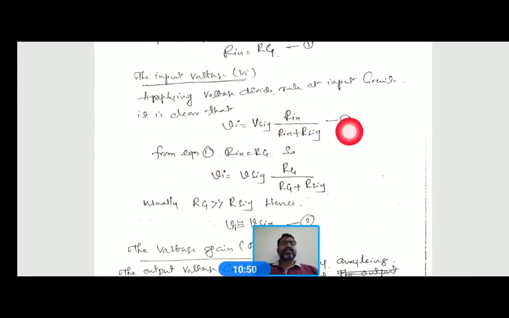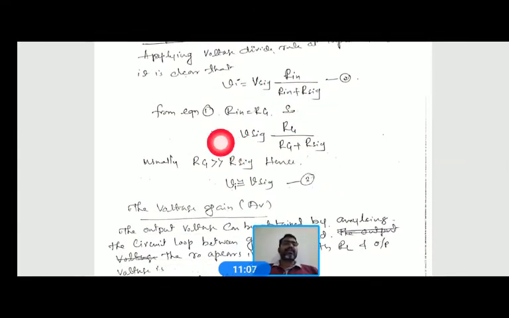You can see equation 2. From equation 1, we have Rin is equal to Rg. So in equation 2, we are replacing the Rin value with Rg. So therefore, Vi is equal to V signal into Rg divided by Rg plus R signal.